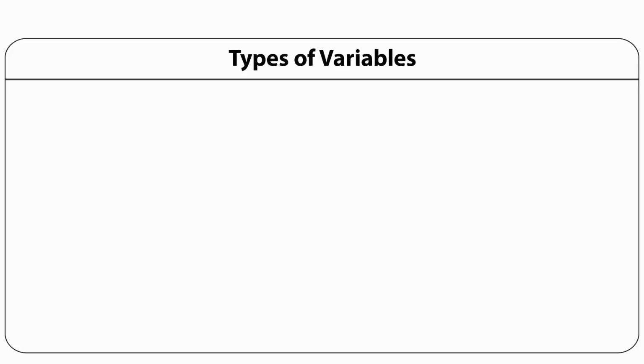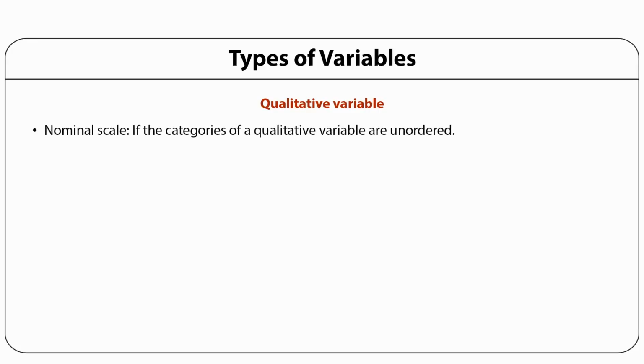Types of variables: in the qualitative variables, we can measure in a nominal scale as well as an ordinal scale. In the nominal scale, data are unordered. Maybe you want to put library data in increasing order, or you want 2014 data to come first, and then 2013, 12, 11, that way.